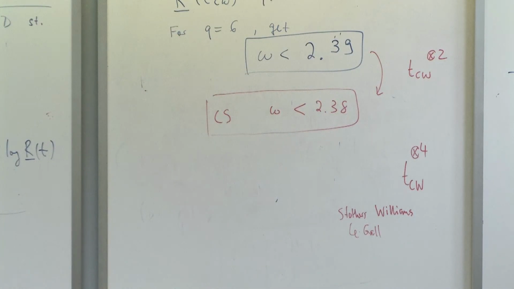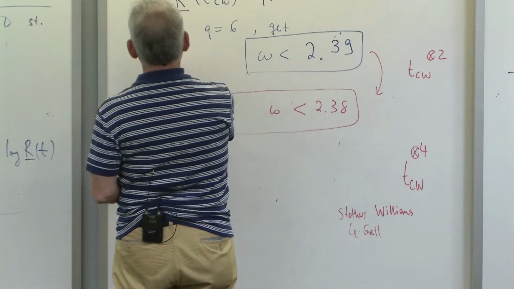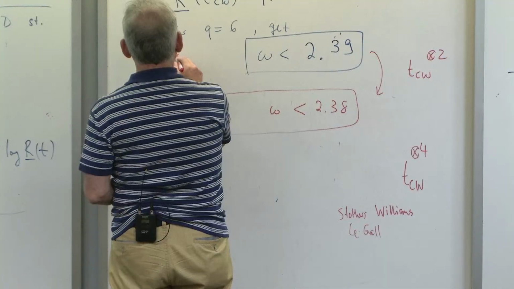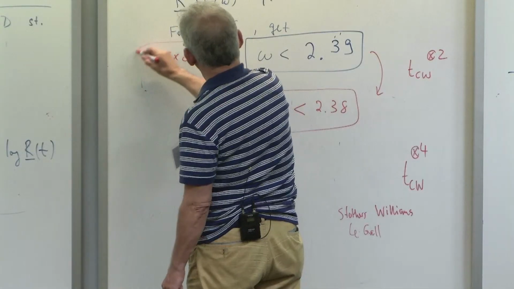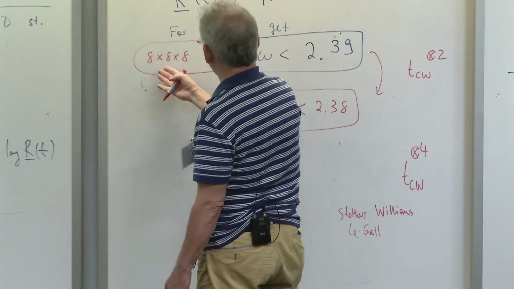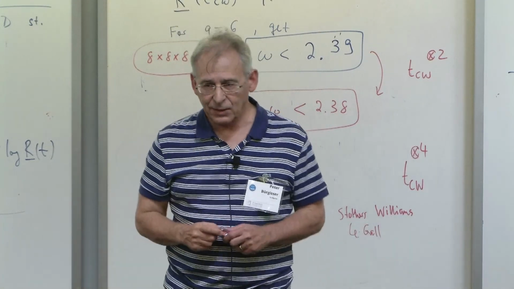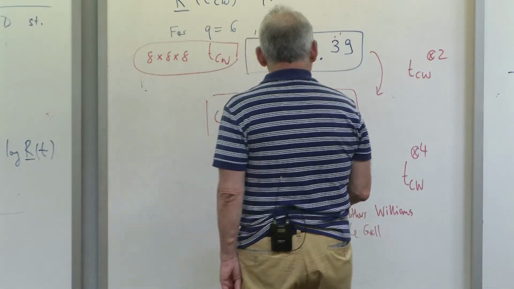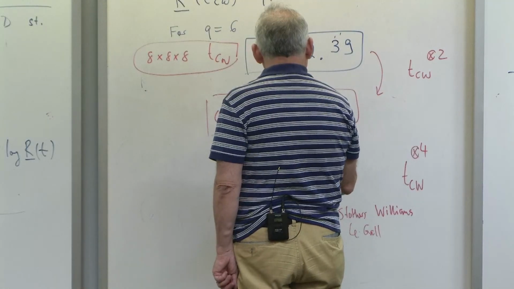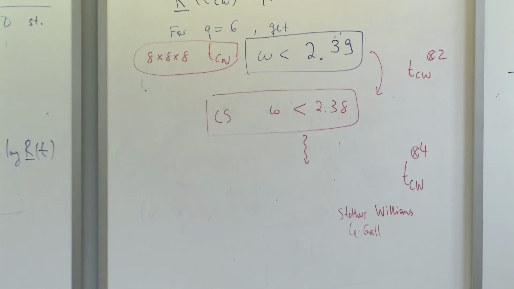As I understand, this problem gets really complicated. You see, the size of this tensor is now 8 times 8 times 8, and then the 4th power is very big. So you get a complicated problem. I don't think you can solve it with off-the-shelf things. But I think this is the main work, and then this was the improvement. There was a small improvement here. That's where we are.